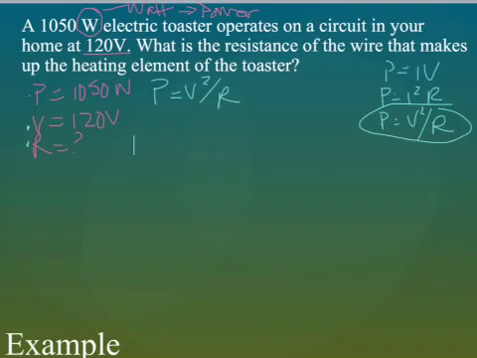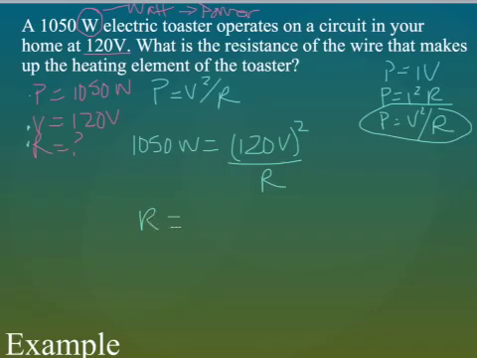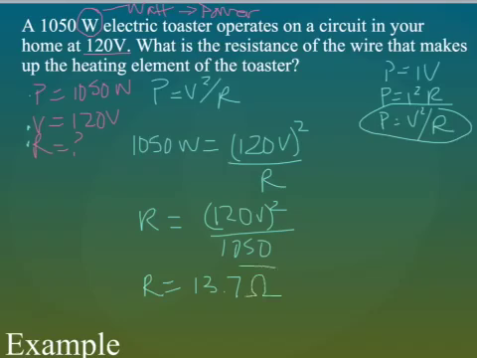So 1050 watts equals 120 volts squared over R. Rearranging and solving for R, we get R equals 120 volts squared over 1050. That gives us our resistance equal to 13.7 ohms.